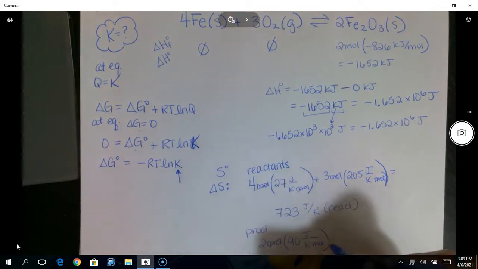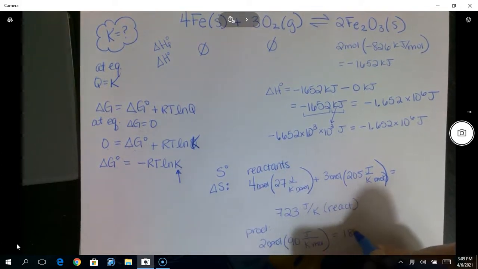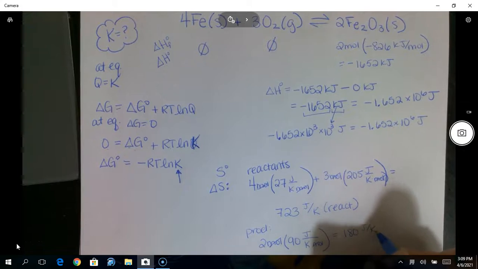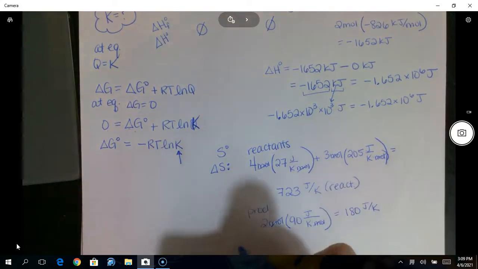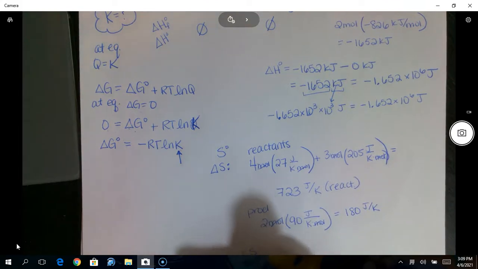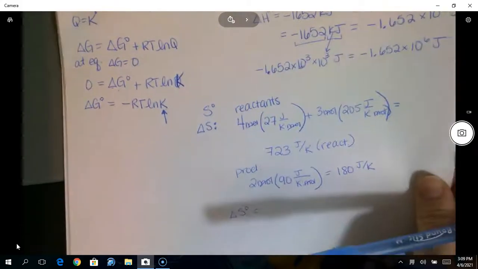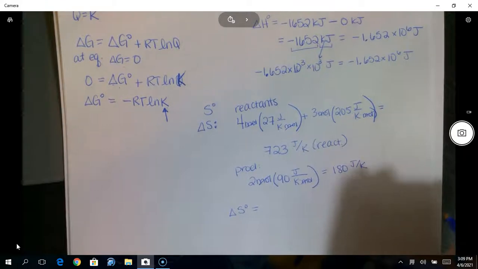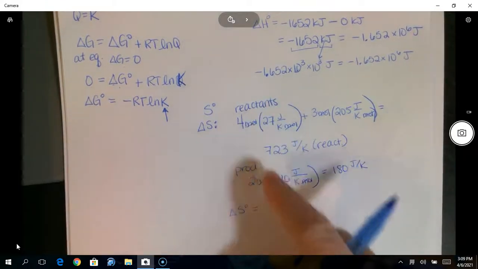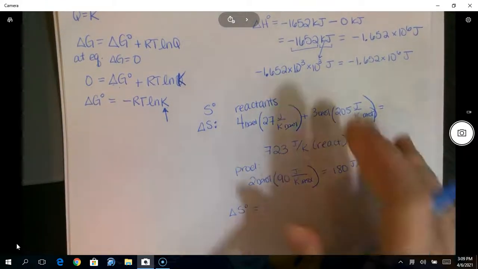So now my moles cancel, and this is going to give me 180 joules per Kelvin. If I want to find the change in entropy standard, that's going to be final, or products, minus initial, or reactants. Remember, reactants are what you start with, products are what you end with, so final minus initial.